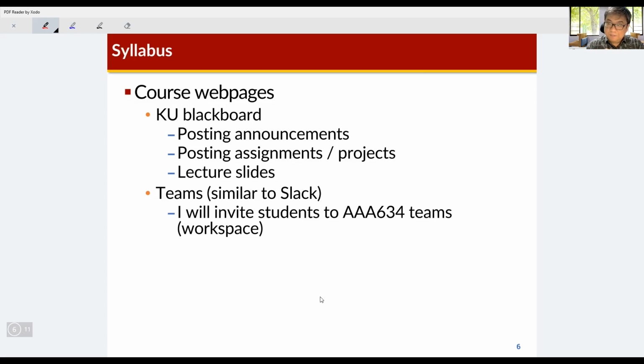This Teams application is very similar to Slack. So what is Slack? How can I define Slack? Slack is a communication tool for the workspace. Actually, we can use email, but as you know, so many people send me many various types of emails.